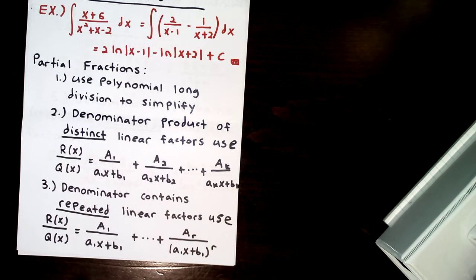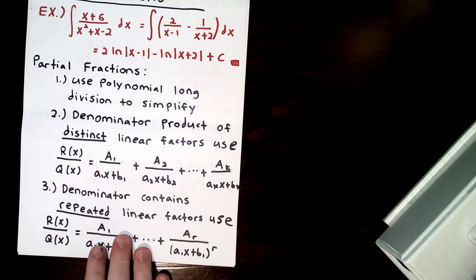Then we would use r/q equals a1/(a1x + b1), and so forth all the way to ar/(a1x + b1) raised to the r power. And we would solve for a1, a2, all the way down to ar. So this exercises all of our cases in which we have linear factors.